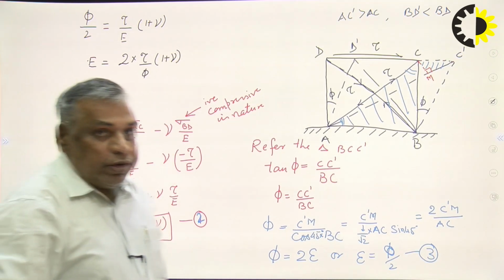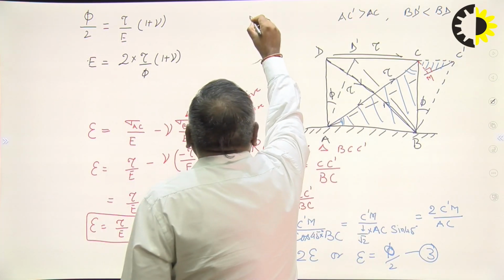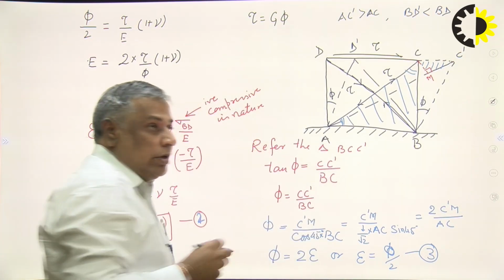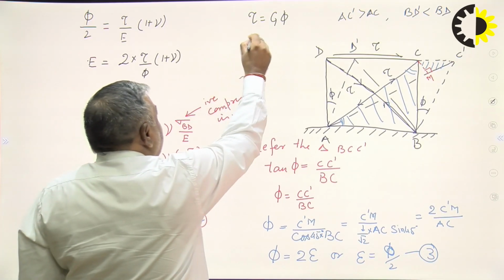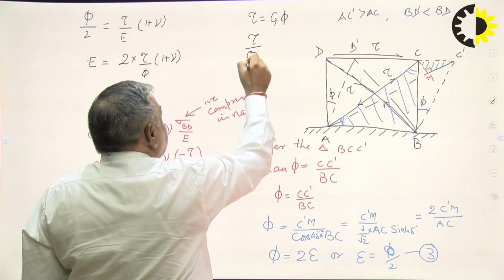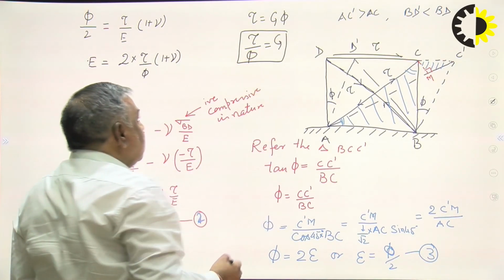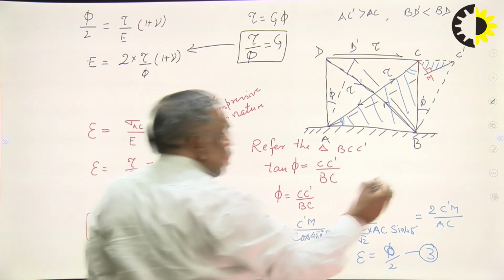Within the elastic limit, more precisely within the proportionality limit, tau is equal to G phi according to Hooke's law. So tau upon phi is equal to G, that is the modulus of rigidity. Now just put this value in this equation. What we will get?